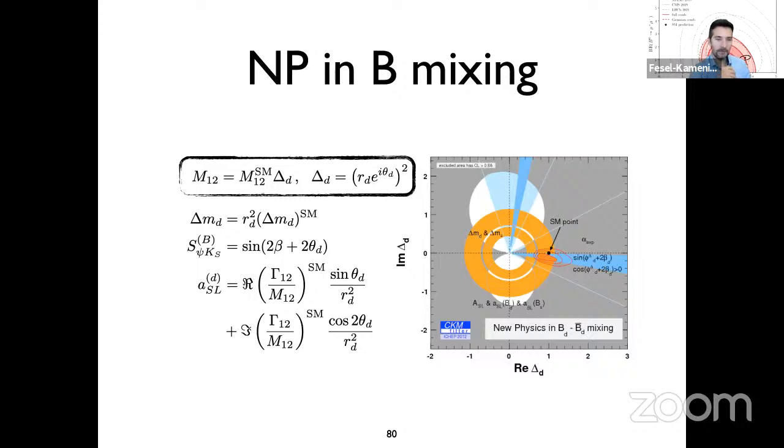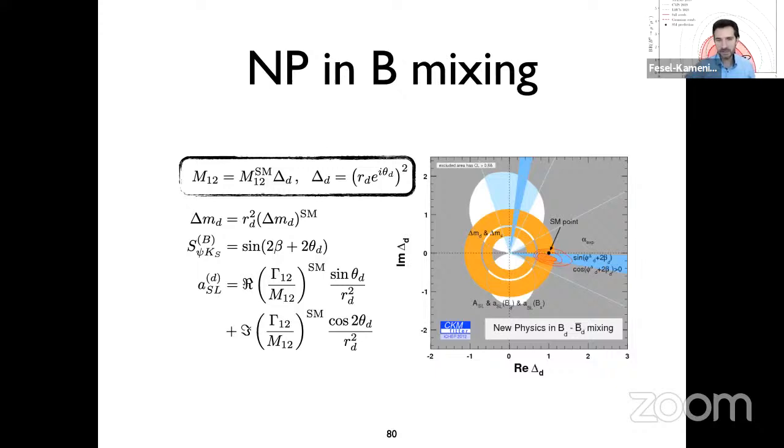Consider this amplitude in the standard model, but multiplied by a factor which parameterizes potential new contributions relative to the standard model. These contributions can either modify the modulus of the standard model amplitude, or it can also modify the phase.